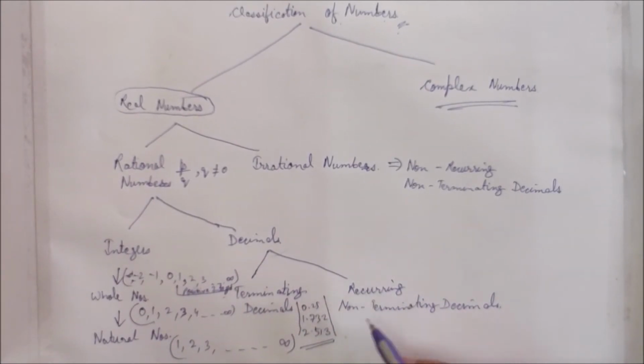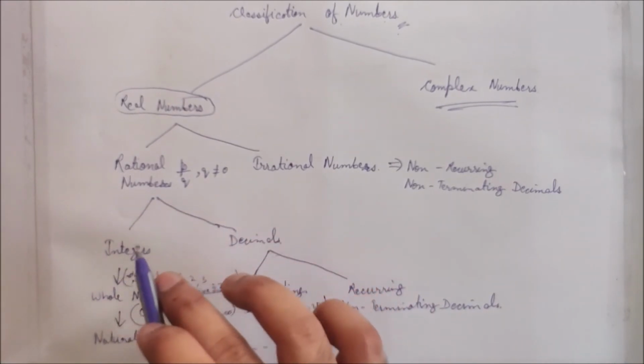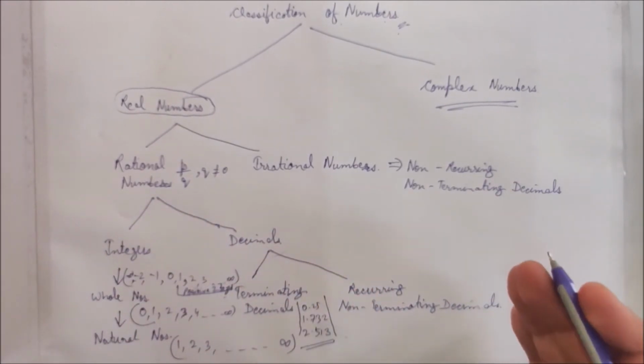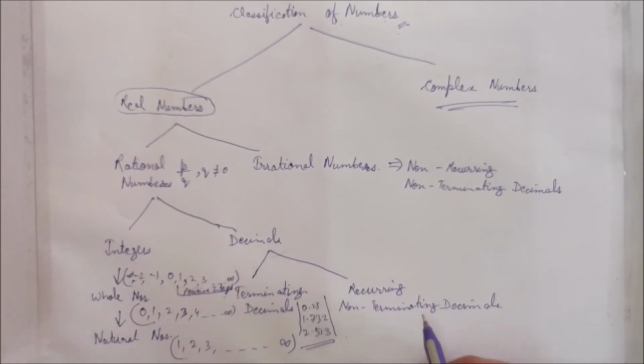On the other hand, recurring non-terminating decimals are again a part of rational numbers only. I'll explain in further videos how it is a rational number, but for the time being, recurring non-terminating decimals means it will repeat itself but it will never end. Just an example, 0.555, it goes on. Another example, 3.1112222, 1112222.